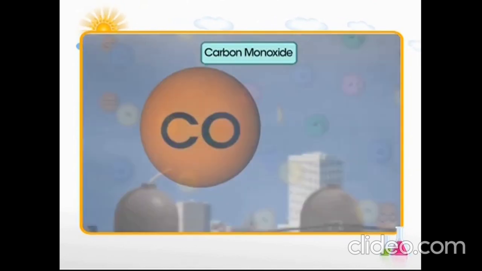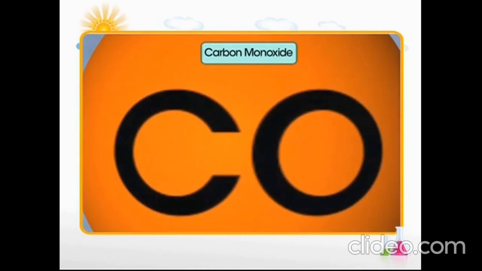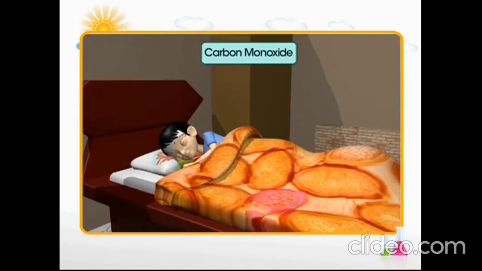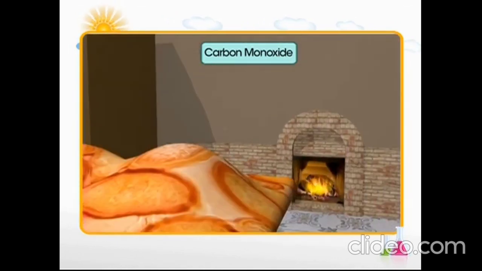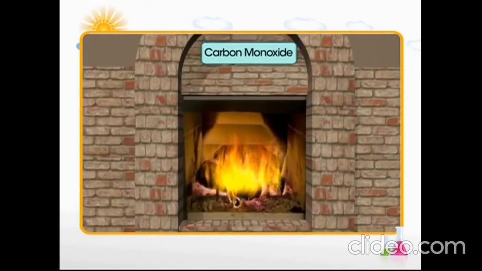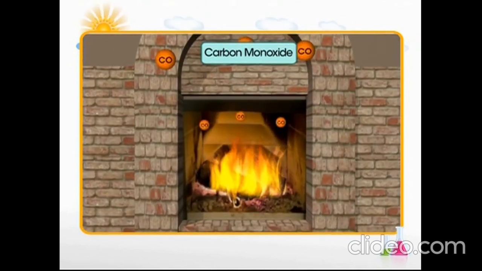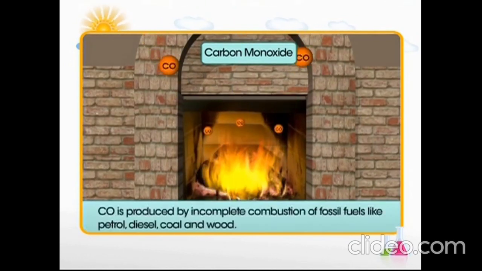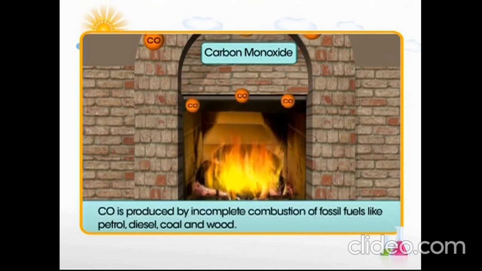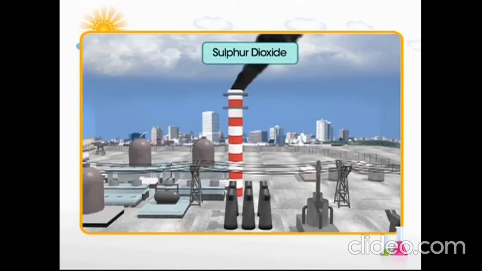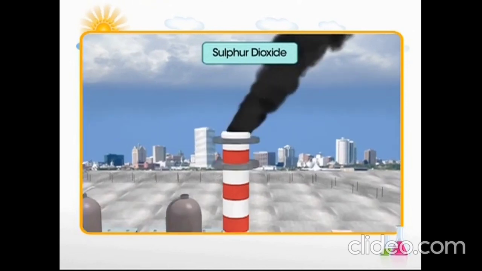Carbon monoxide is an odorless and colorless gas. It is produced as a result of incomplete combustion of carbon-containing fuels, mainly fossil fuels such as petrol, diesel, coal, wood, etc. Sulfur dioxide is an odorless gas at a low concentration.